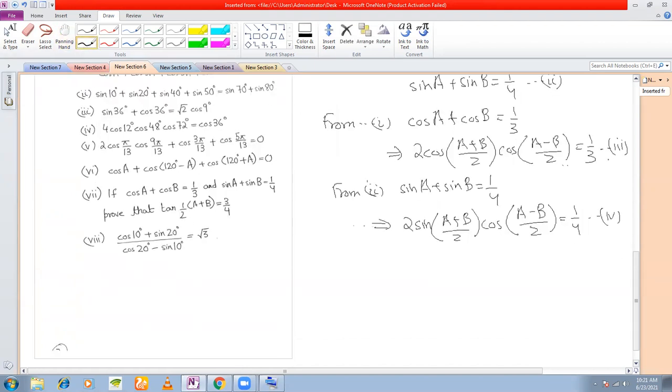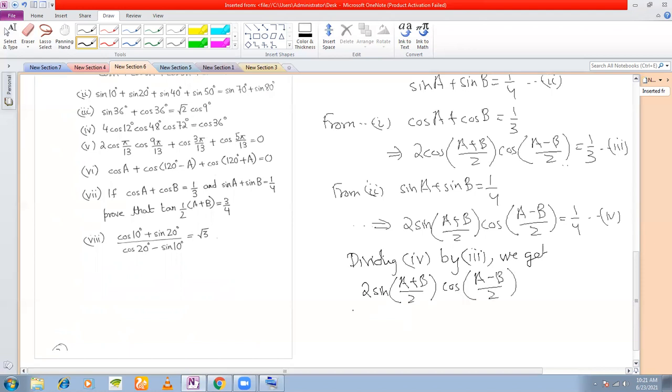You need to prove tan (A plus B)/2. So if you divide 4 by 3, you see cos (A minus B)/2 will cancel. So dividing 4 by 3, we get 2 sin (A plus B)/2 cos (A minus B)/2 divided by 2 cos (A plus B)/2 cos (A minus B)/2 is equal to 1/4 divided by 1/3.